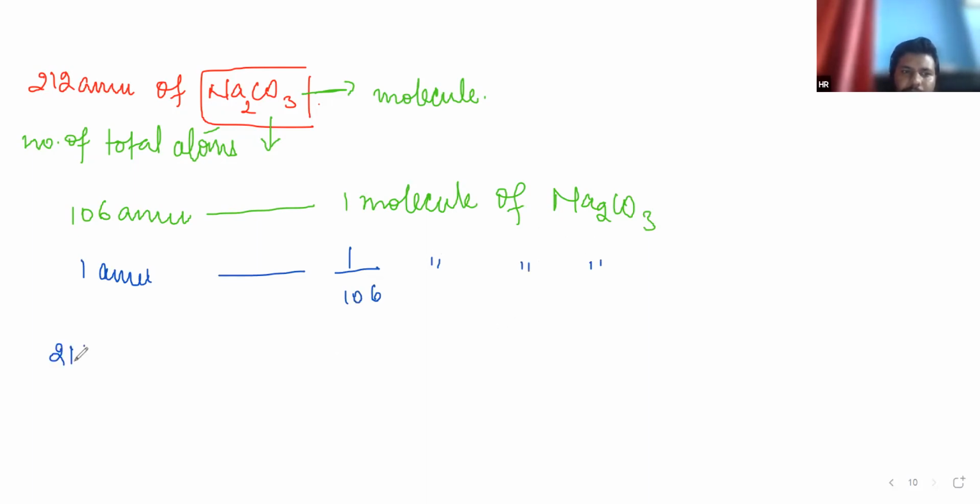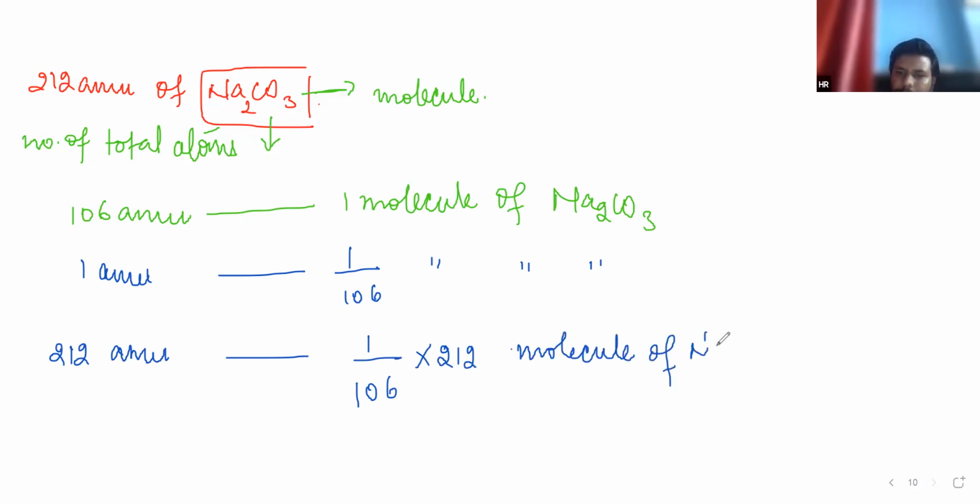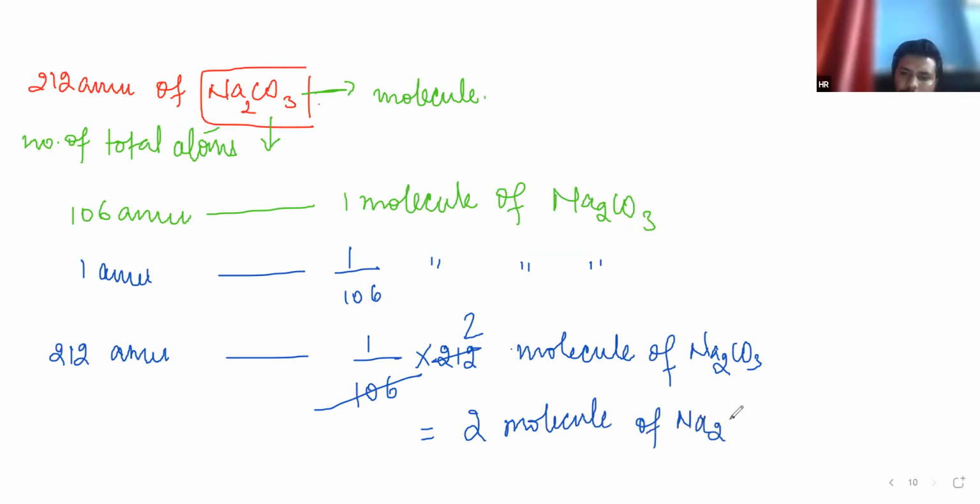Now, we have to calculate in 212 AMU according to the question. 1 upon 106 into 212. This is the unitary method. And here it will be 2 molecules of Na2CO3.